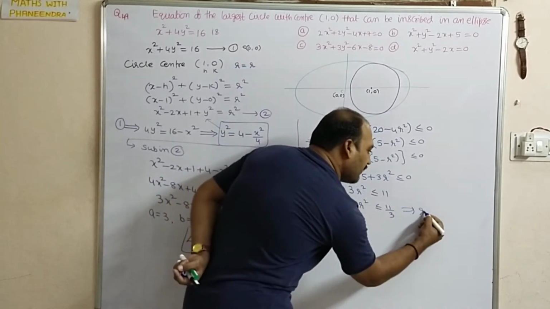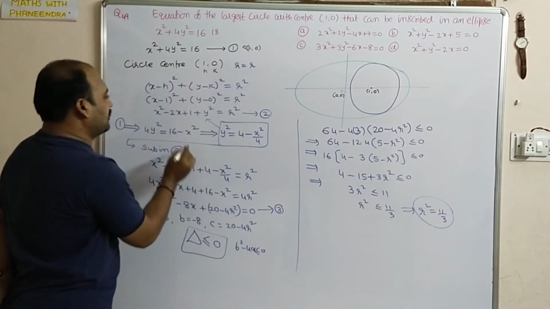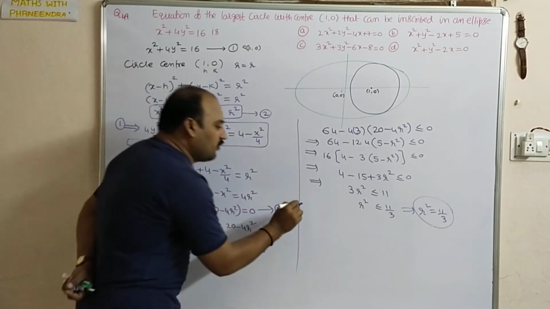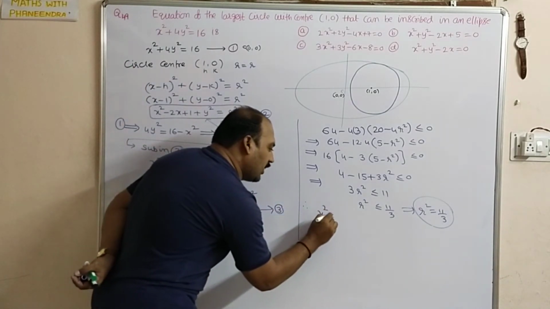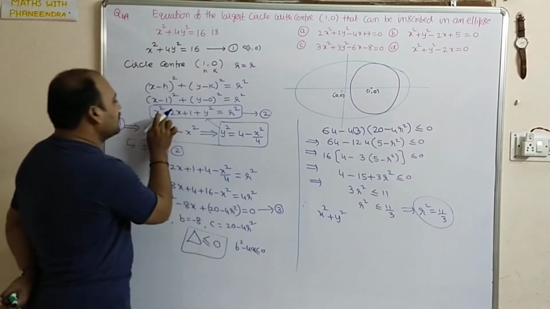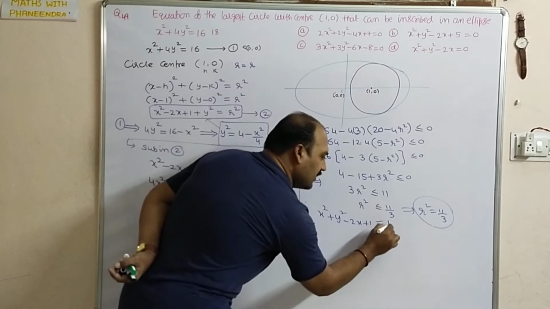That means the r square value is 11 by 3. This value we substitute in equation 2. Therefore we get the required circle: x square plus y square minus 2x plus 1 is equal to r square, that is 11 by 3.